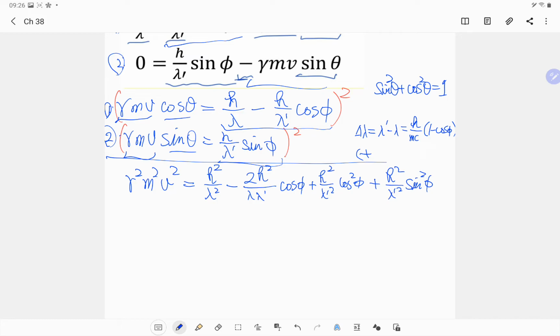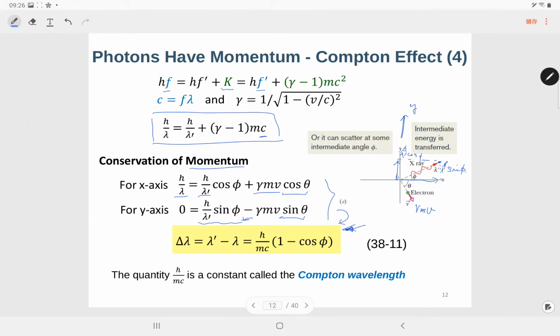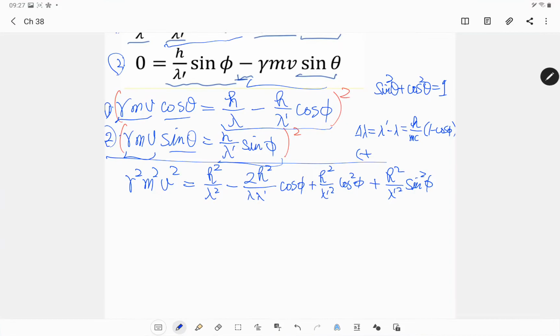Also, we have, let me see, gamma mc. So also we have this one: h over lambda equals h over lambda prime plus gamma minus 1 mc. So we try to move it there. So actually we can also rearrange the term.